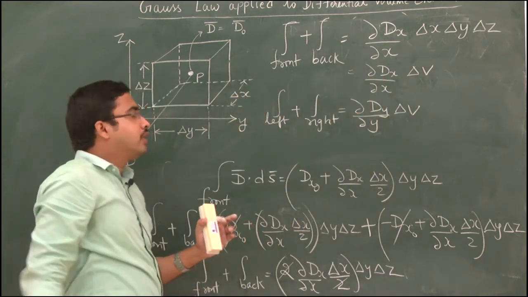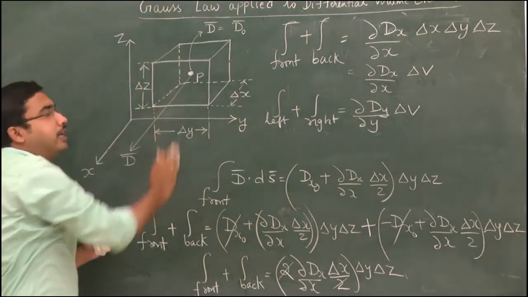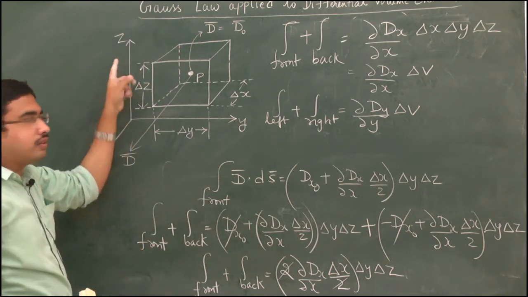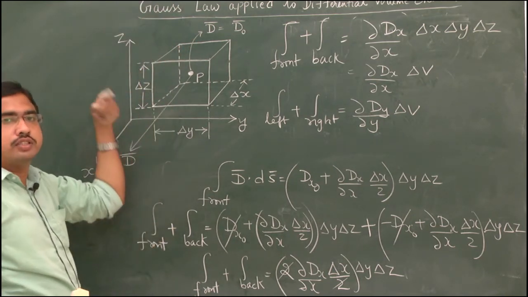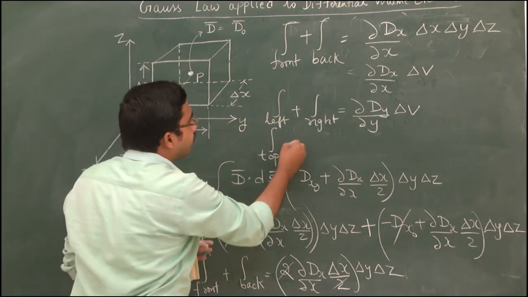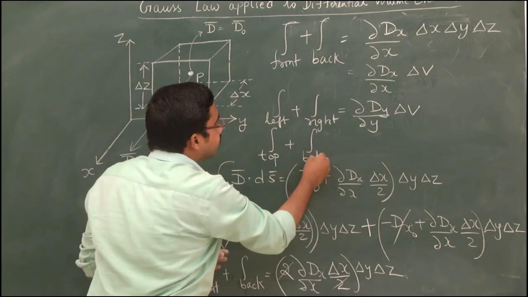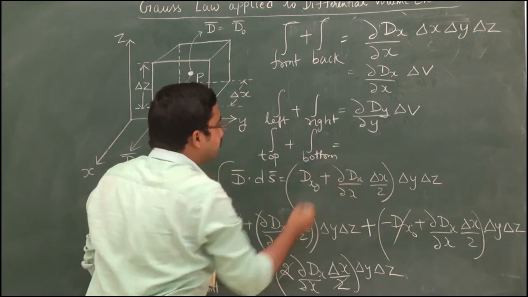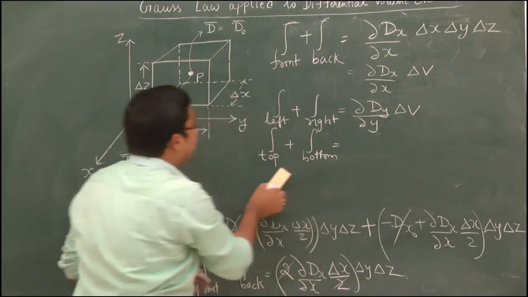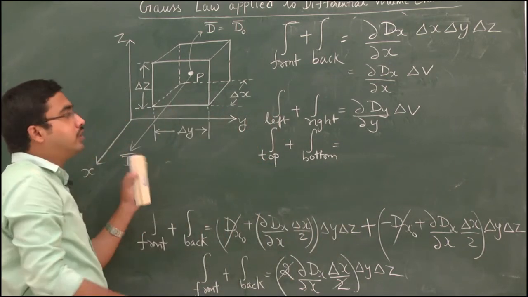Similar to this. Similarly, if you observe top and bottom, the top surface will match with the z axis and the bottom surface will also match with the z axis. So integral top plus integral bottom will be equal to, top plus bottom, they will be matching with the z axis.